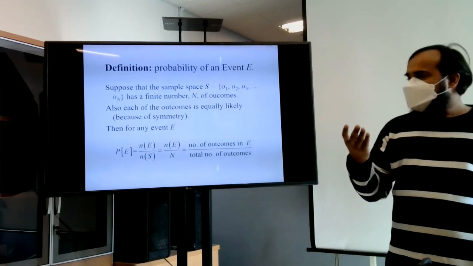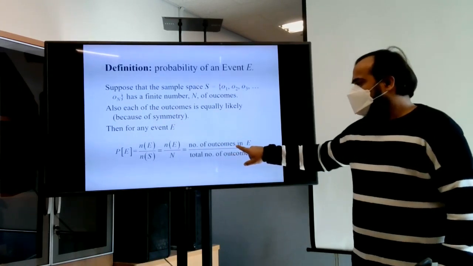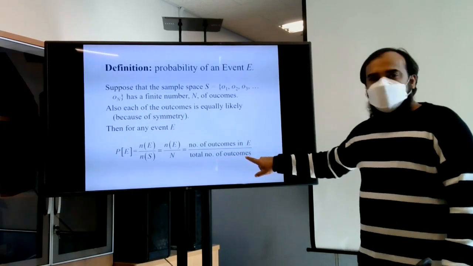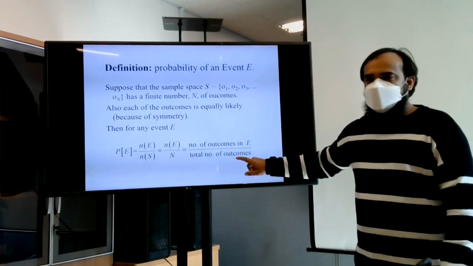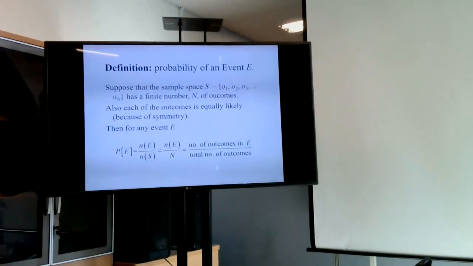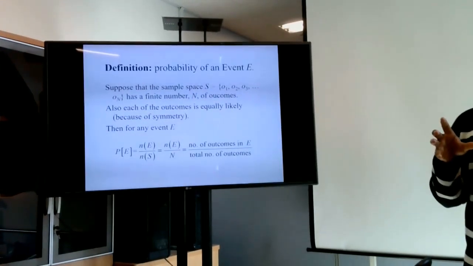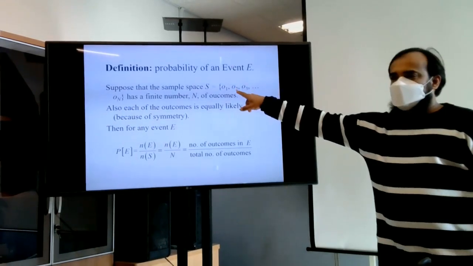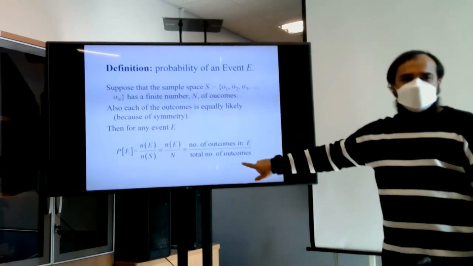So the number of outcomes in E divided by the total number of outcomes 10. So the probability of the event that only an even number occurs in the total sample space is 4 divided by 10.